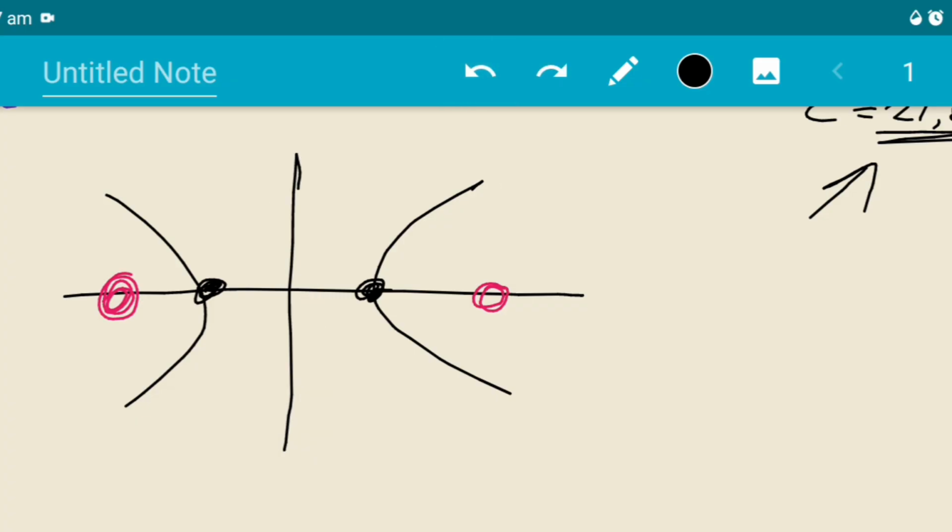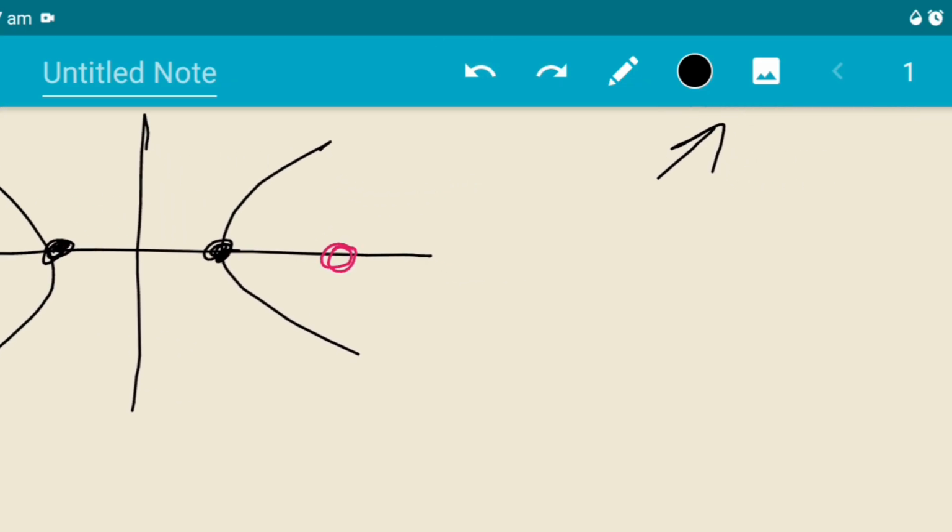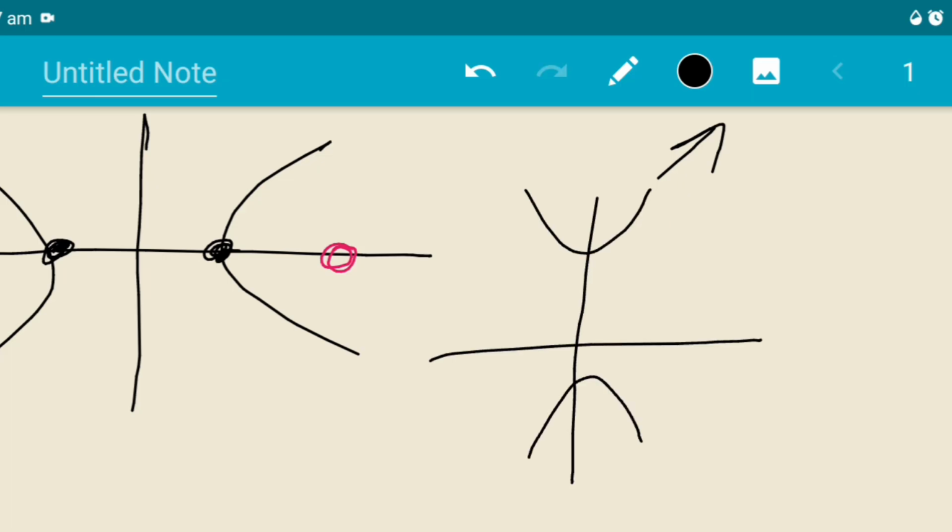So if your hyperbola looked more like this, with your focus there and another one there, then this would be the transverse axis. Then this would be the conjugate axis.